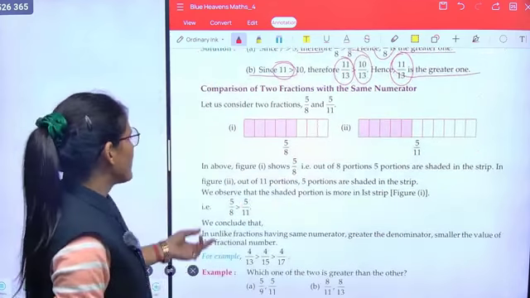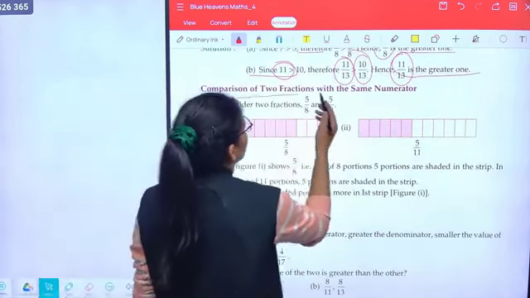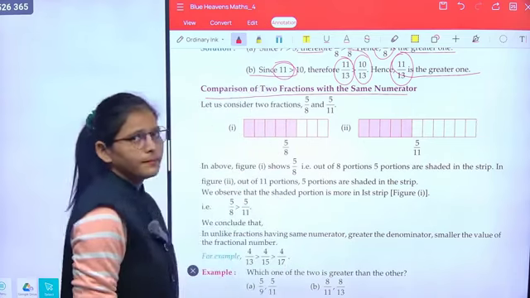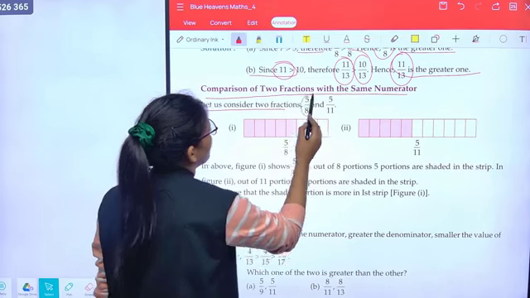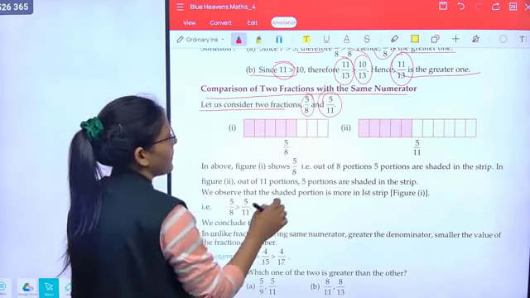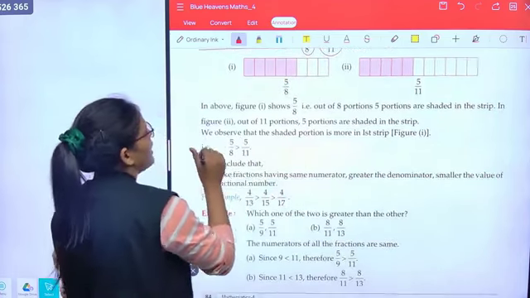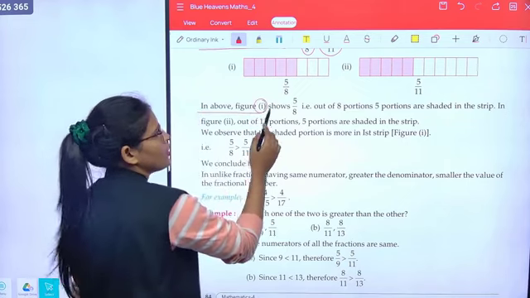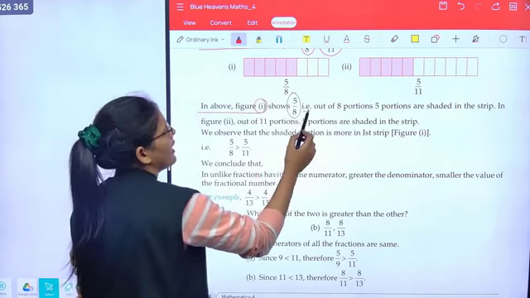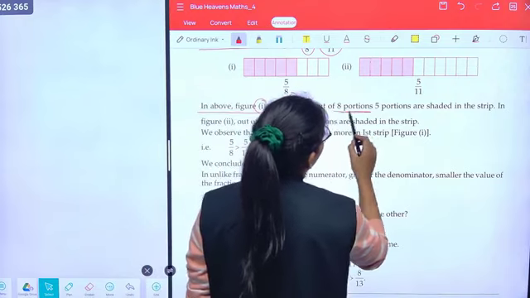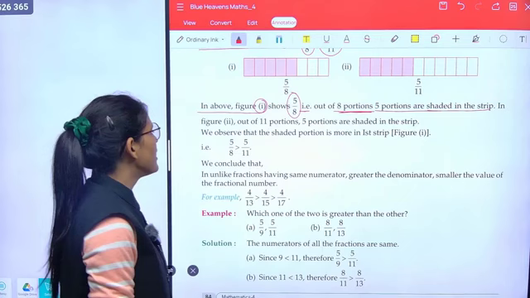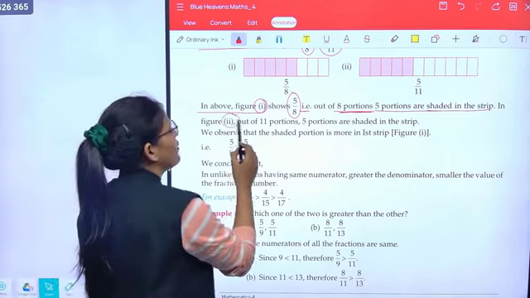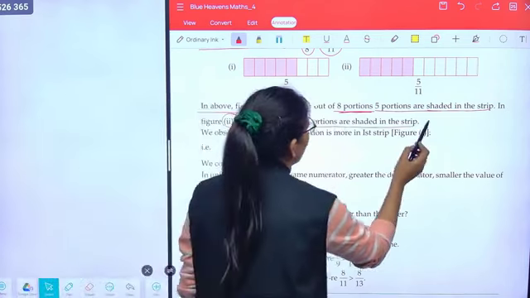Okay class. Now comparison of two fractions with the same numerator. Let us consider two fractions 5 upon 8 and 5 upon 11. See class. In the above figure, the first shows 5 upon 8, that is, out of 8 portions, 5 portions are shaded in the strip. Now here 5 portions are shaded.